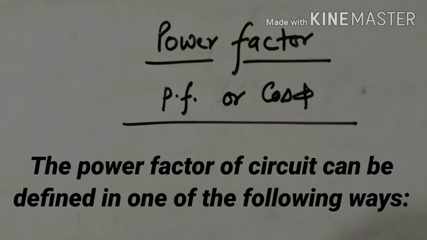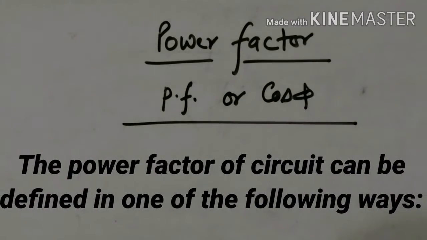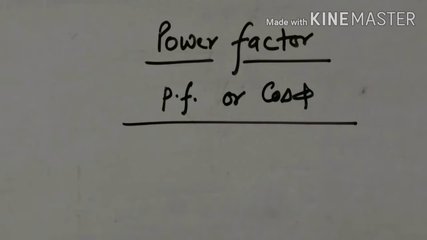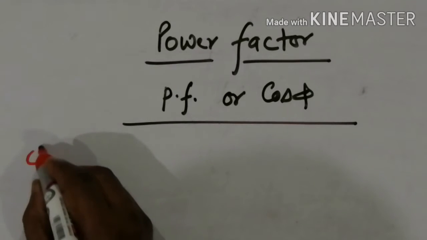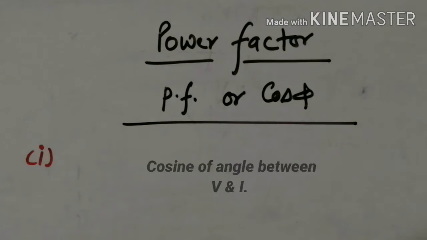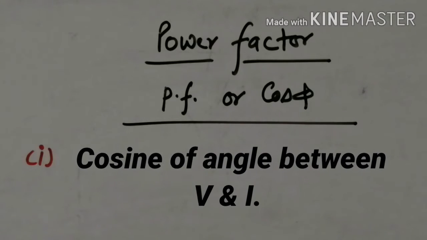The power factor, that is cos phi, of a circuit can be defined in one of the following ways. Now the first one. Power factor, that is cos phi, is the cosine of the angle in between voltage and current.